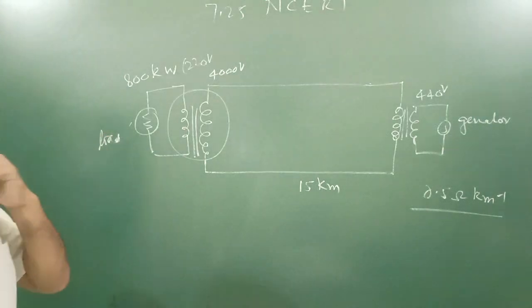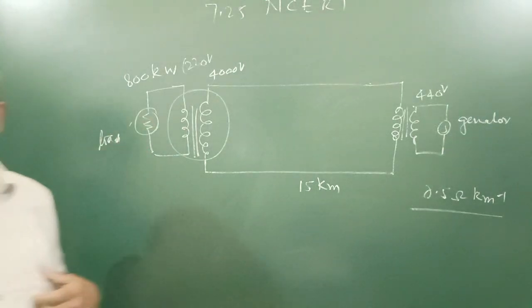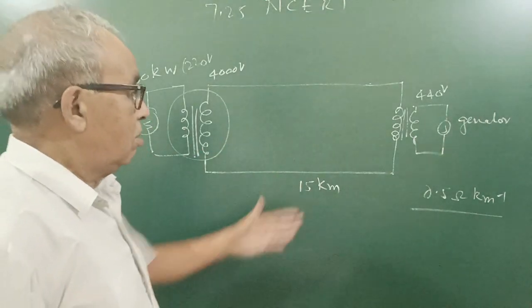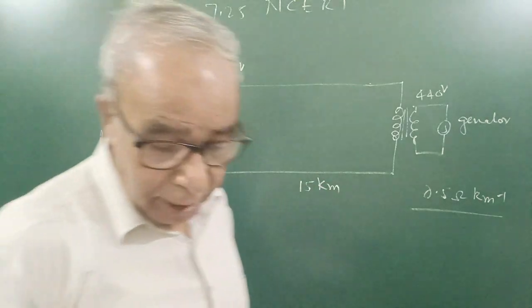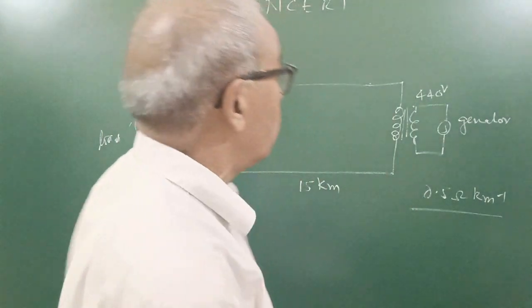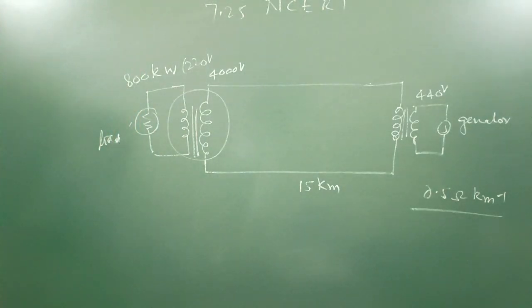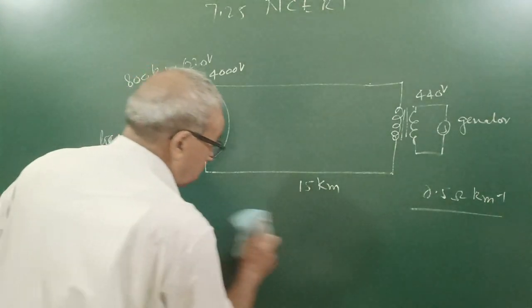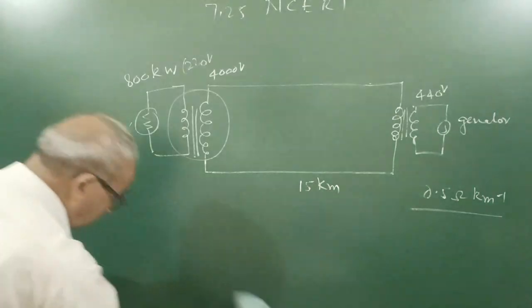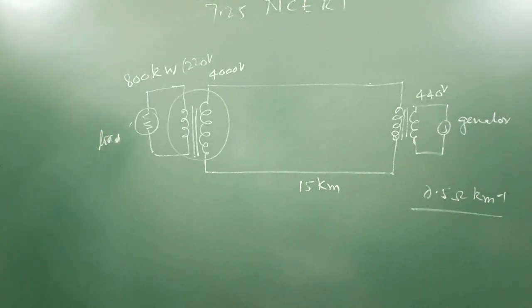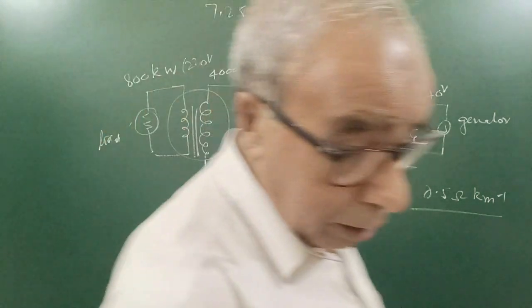Once I gave this question in the pre-board exam as such by drawing a diagram. And the same year it was asked in the board. Very important question because this question illustrates the utility of transformer, where we are using it. तो पहले पूछा है what is the line loss?